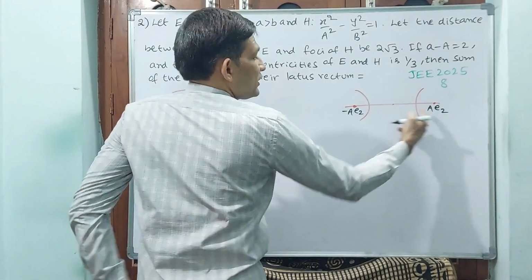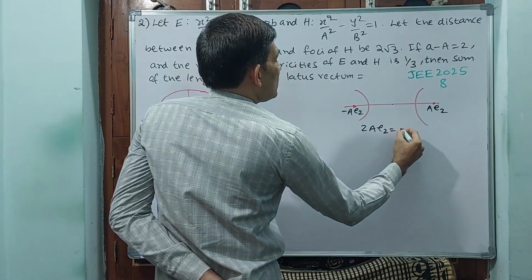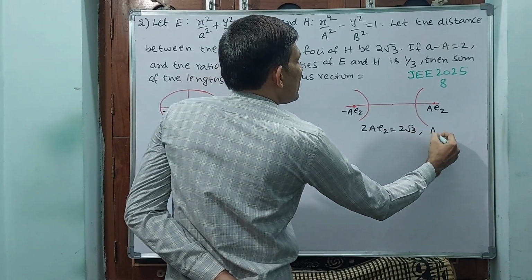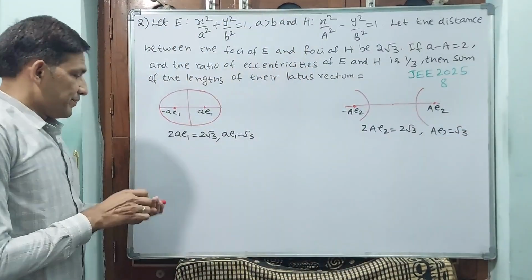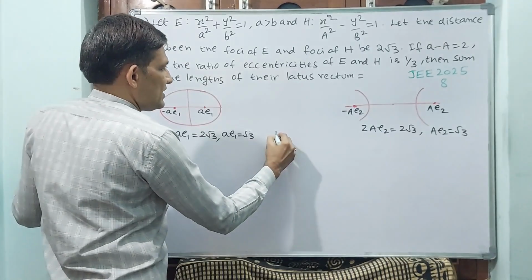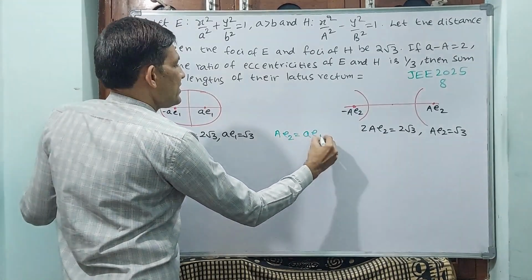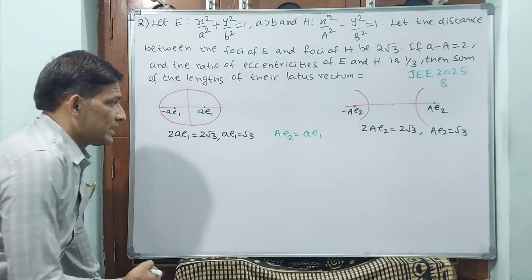Here also, the distance between foci is 2AE2 is equal to 2 root 3, or else AE2 is equal to root 3. See what we can understand from both. That means capital A E2 is equal to small a E1. This we can understand.